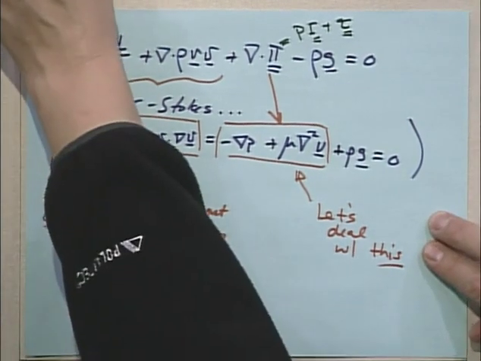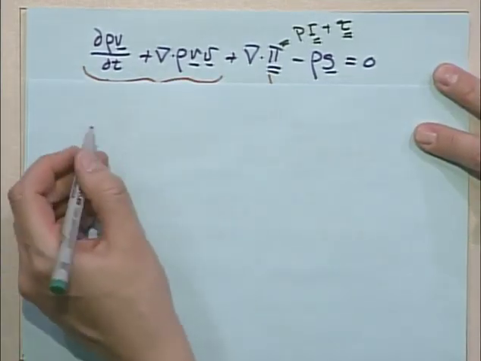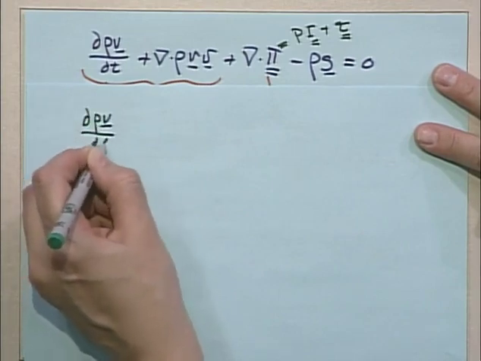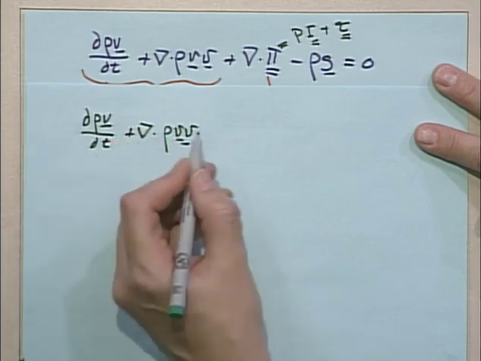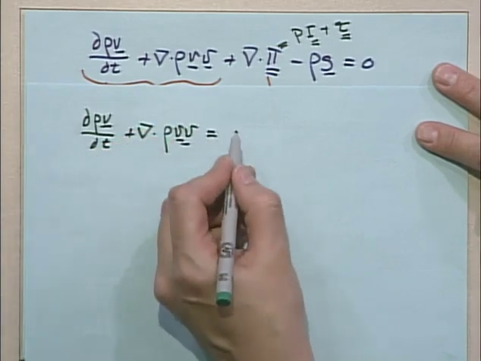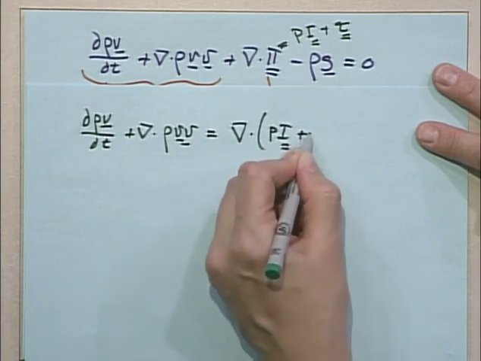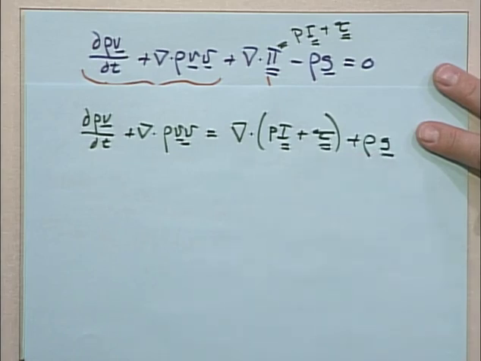So I can work on this a little bit. I'll keep the stuff that goes on the left-hand side on the left. And I'll put the stuff that goes on the right on the right. Minus del dot pi plus rho g.